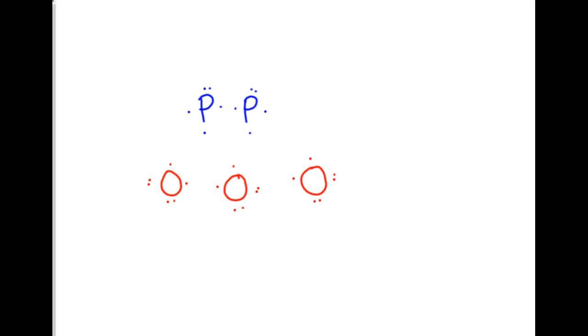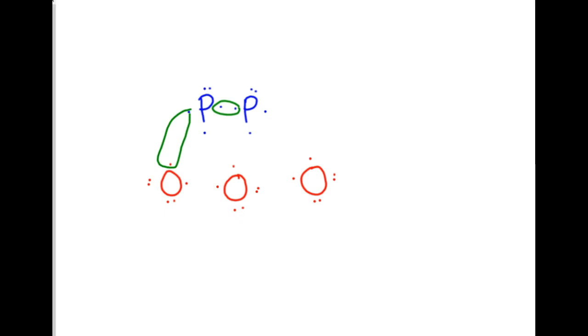Keep in mind the octet rule says that each atom must have 8 valence electrons. See if you can figure out the connections. So one pair of electrons is going to definitely be shared between the two phosphorus. I'm going to connect this one here.